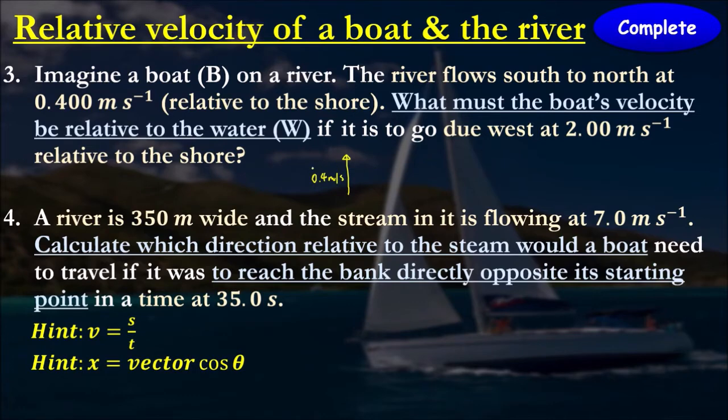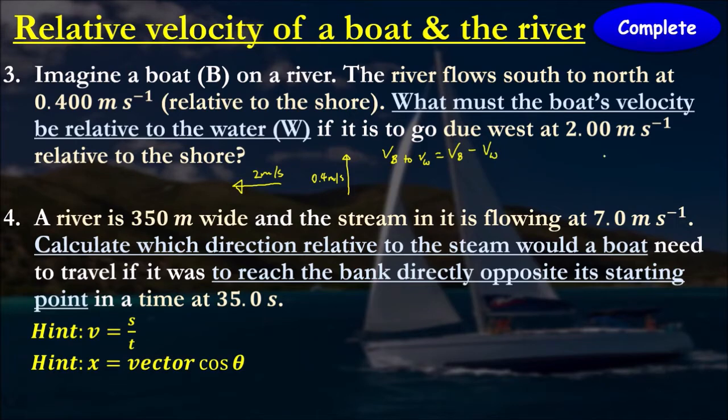And then we have a boat that is going 2 meters per second west. Now, because this is between two moving objects, we are looking at the relative velocity of the boat to our river or water. Okay, so it would be the boat's positive vector subtracted by the negative vector of our water.